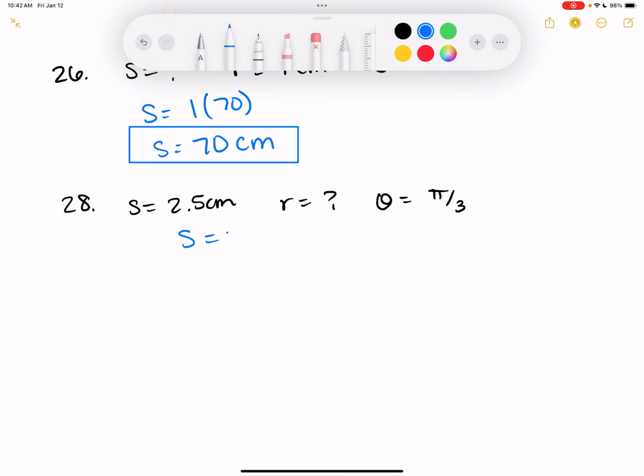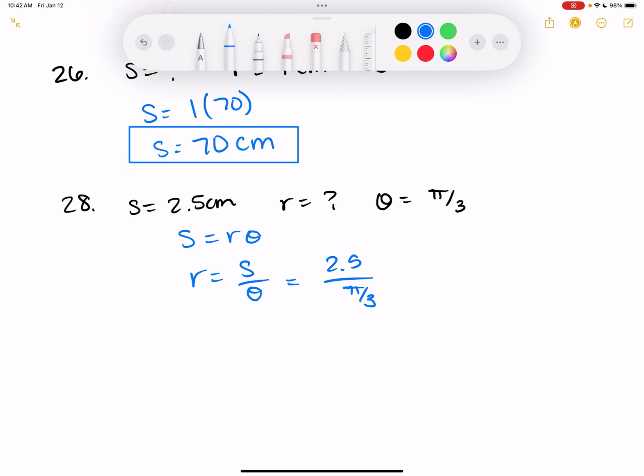All right, so we normally start out with s equals r theta. So if we want to solve for r, we are going to have s divided by theta. So 2.5 divided by pi over 3, which would be the same as multiplying by the reciprocal.